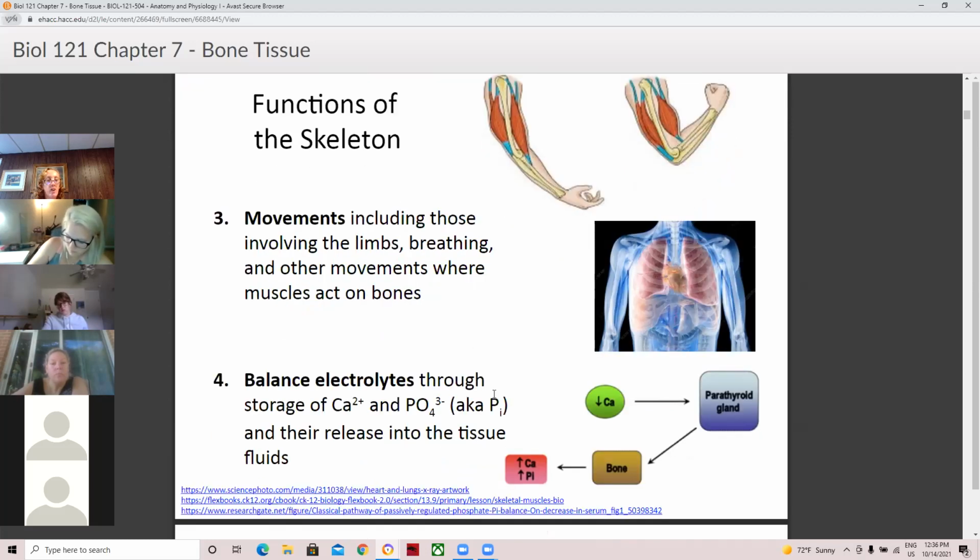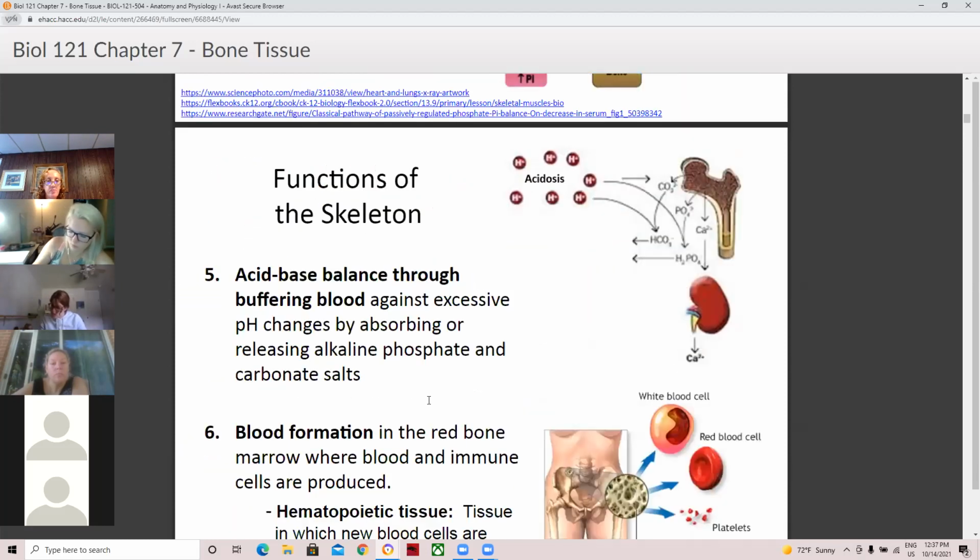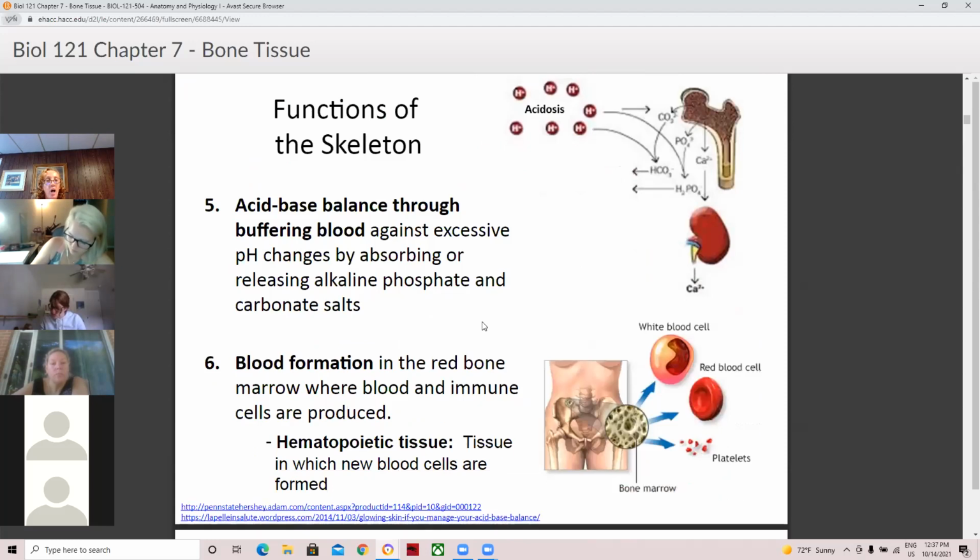Also, bones are involved in balancing electrolytes through their storage and release of calcium and phosphate minerals. It also functions in the acid-base balance, meaning pH, through buffering the blood against excessive pH changes by absorbing and releasing alkaline phosphates and carbonates that can work as weak acids and weak bases.